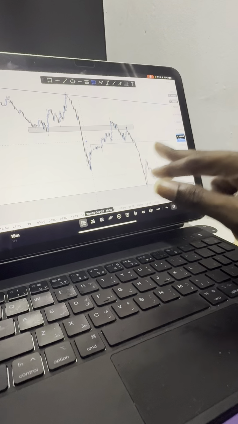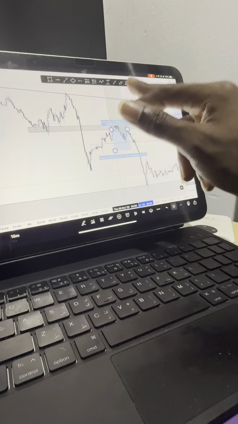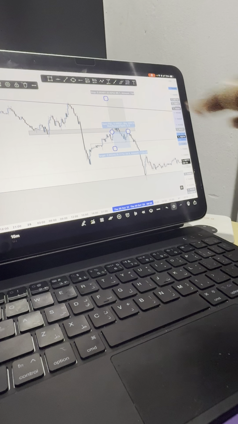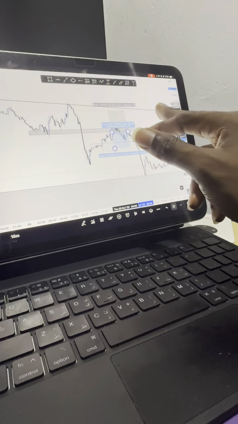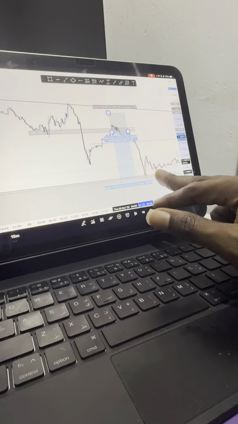Let's assume that you pick a trade after this spike. Your stop loss has to be, I used to use 1 to 2, 1 to 3. That's my RR, and it's very, very profitable. So let's say I use something like this, then I'm targeting 1 to 2 or 1 to 3.